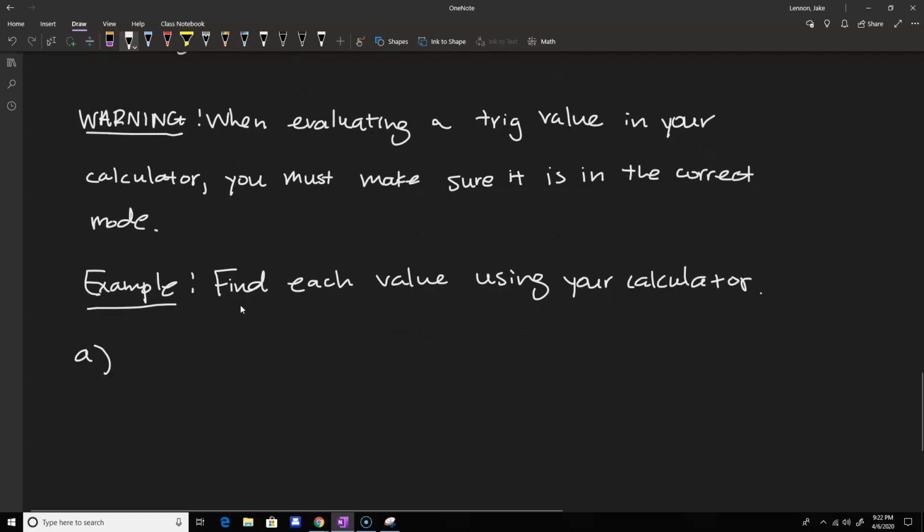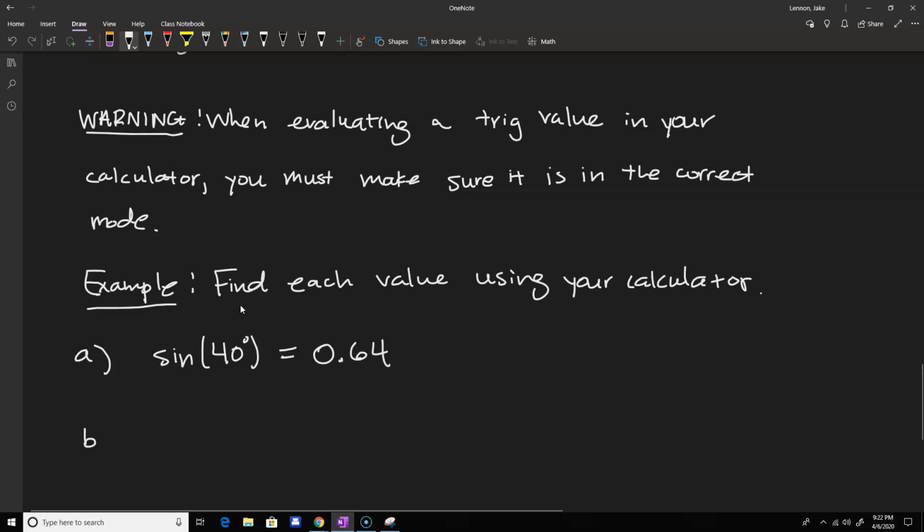So let's first say we want to figure out the sine of 40 degrees. If you do that in your calculator, hit your mode button and make sure it's on the degree mode. And then you can just hit the sine button and make sure to put 40 in parentheses. And that should come out, if you did it properly, to about 0.64.